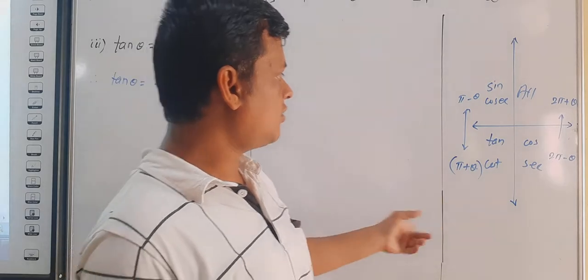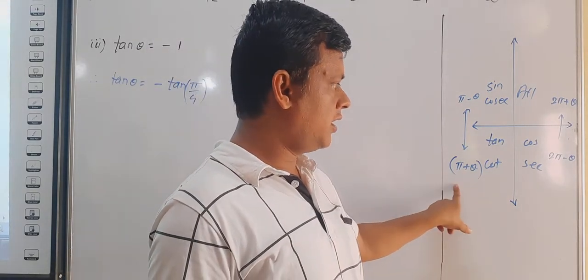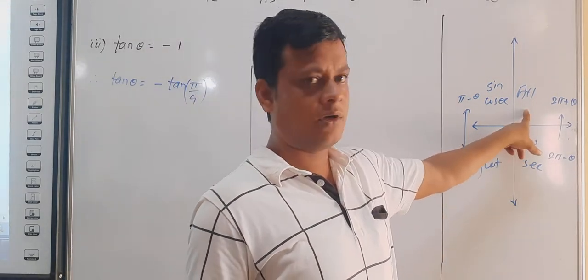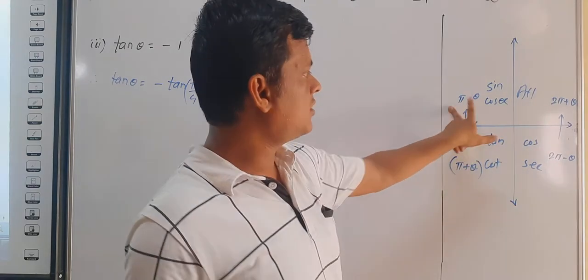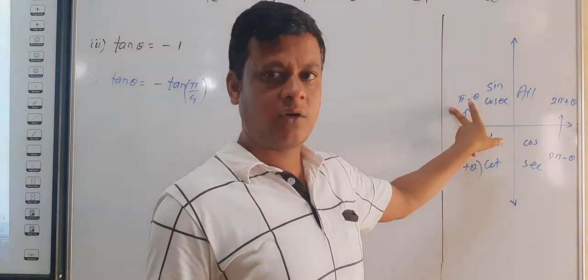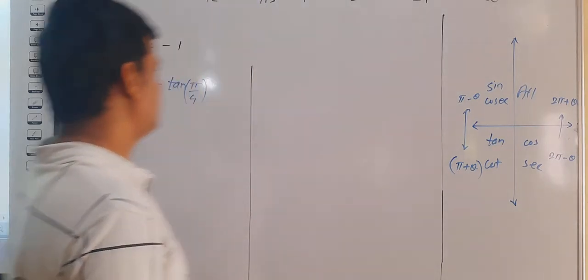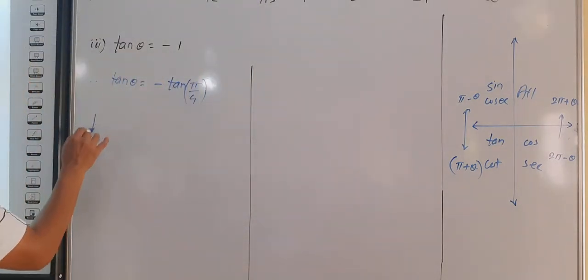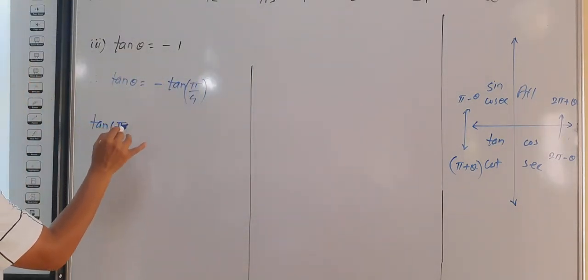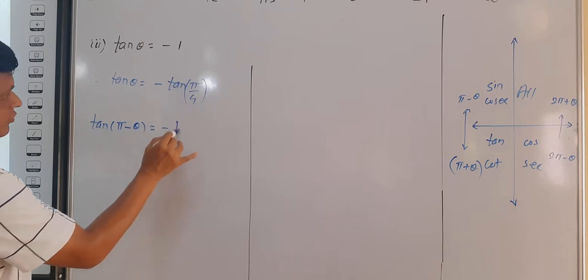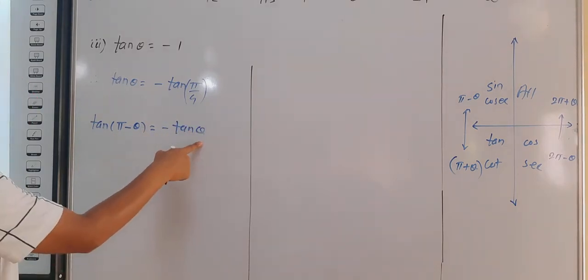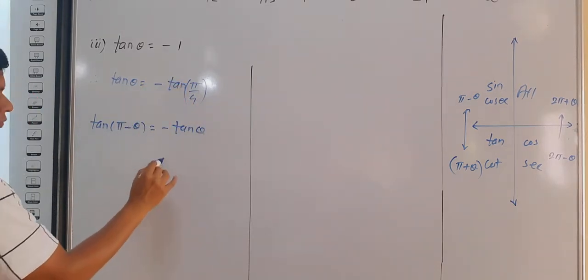Now see in which quadrant tan is positive. In the third quadrant tan is positive, in the first quadrant tan is positive. So we use the formula from the second quadrant, that is pi minus theta. In the second quadrant we know the formula: tan of pi minus theta equals minus tan theta. Now replace the value of theta as pi by 4.